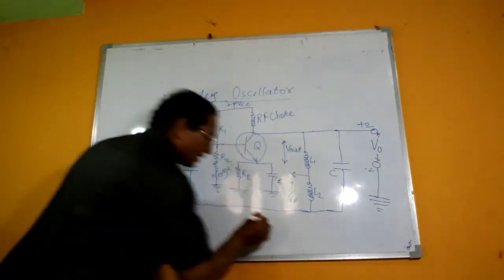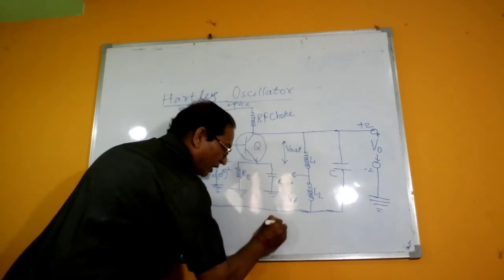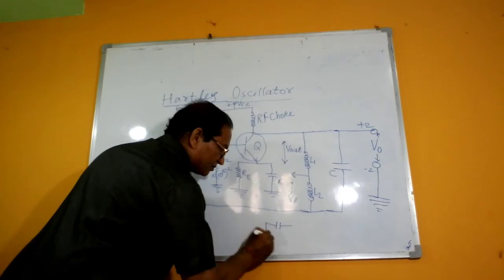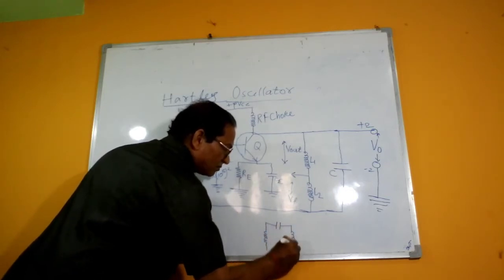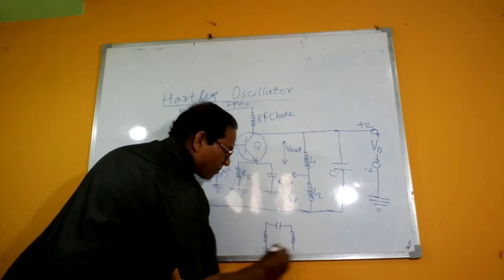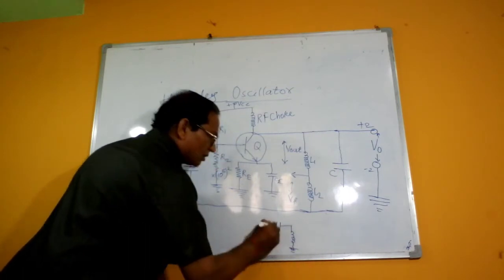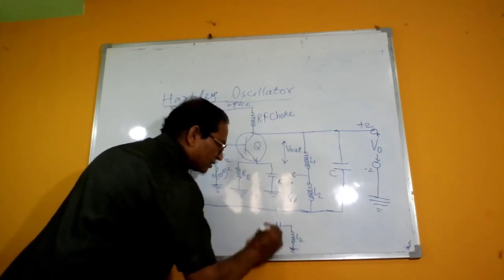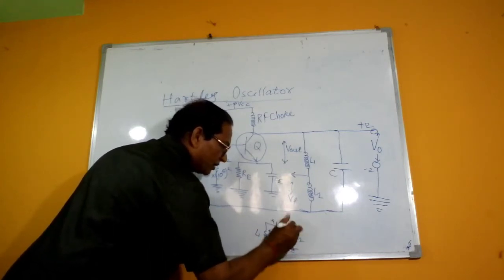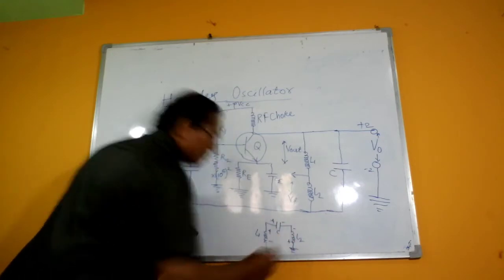So we will see this diagram with one capacitor and two inductors. Call this L1, this L2, so this is plus minus, and this is minus plus.